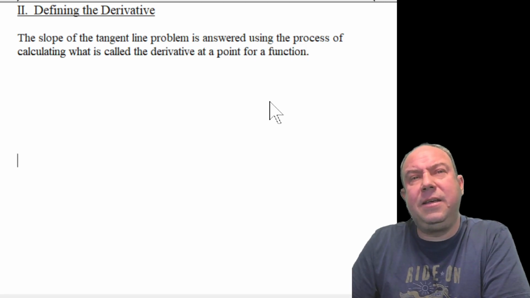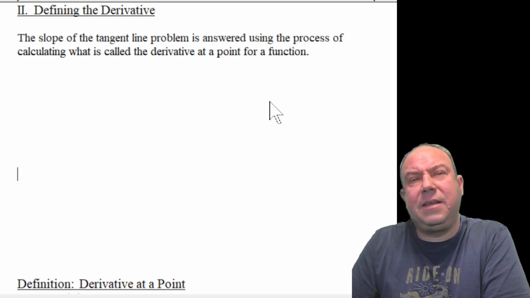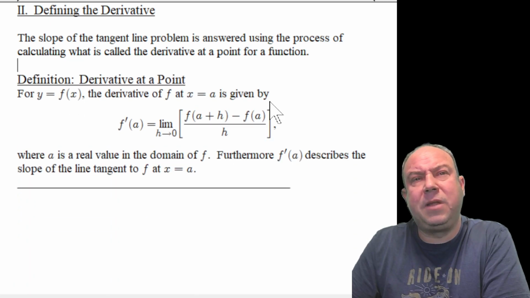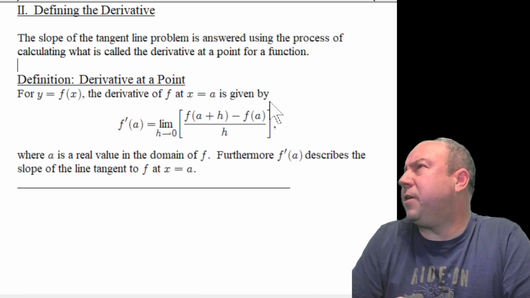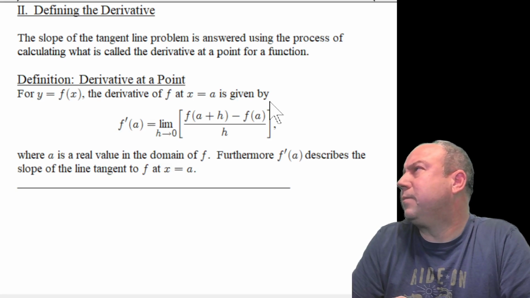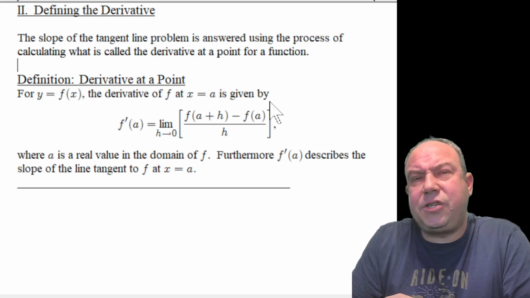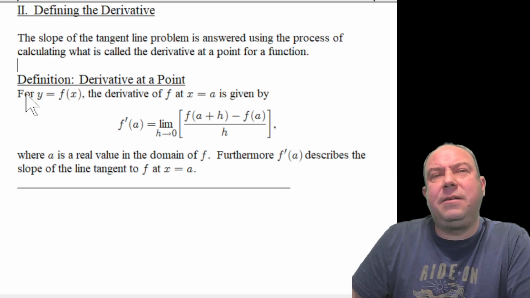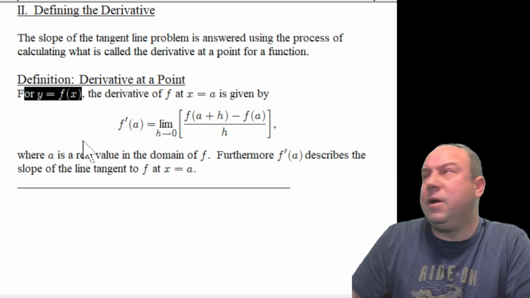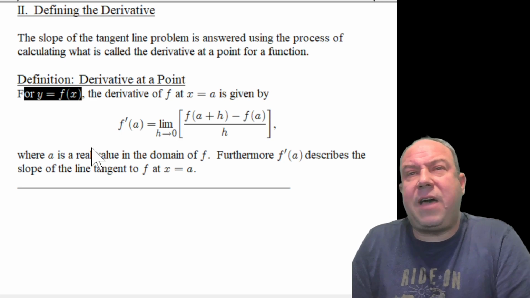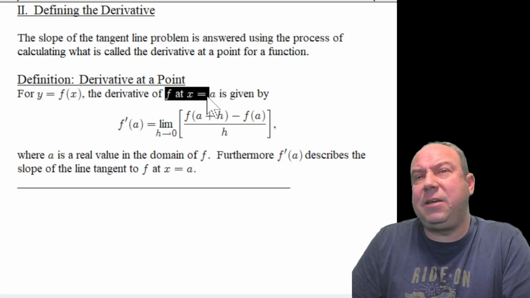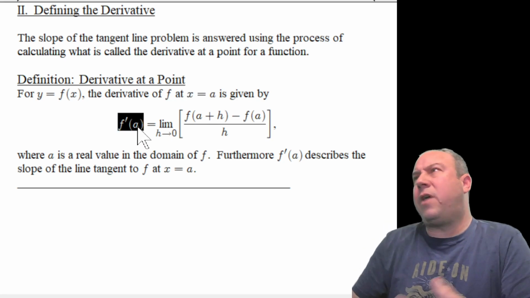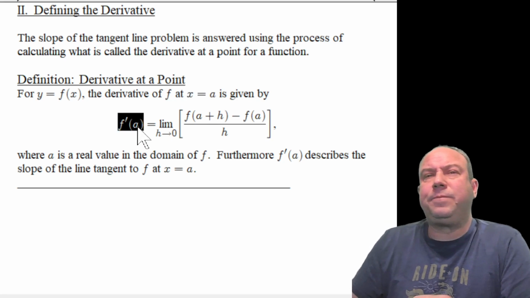And if we go back and recall what we mean by that, it is this calculation seen here. By definition, for the function y equals f of x, the derivative of f at x equal to a is this value we denote, first of all, as f prime of a.